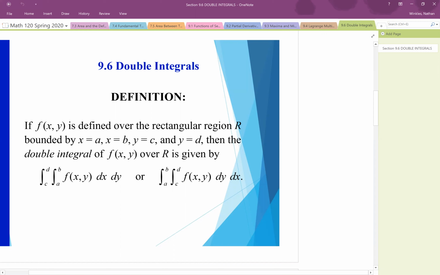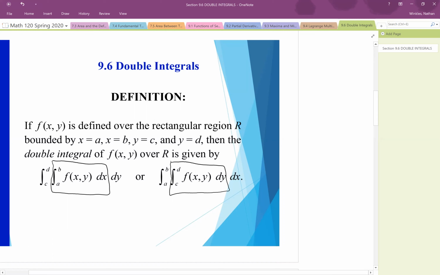So, yes, that looks ugly, but let's break down what we're really going to do. We are going to work inside out no matter which way we're given.